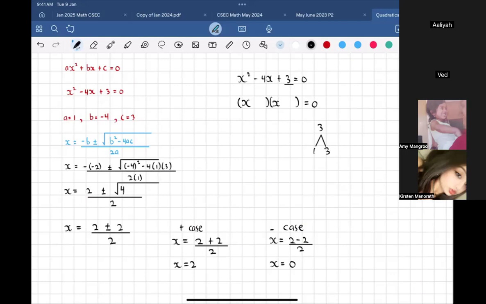Yeah, so we did something wrong. Something is wrong there. Definitely. Did anybody spot what we did wrong? So when we solved it using the quadratic formula, we got some strange answers.